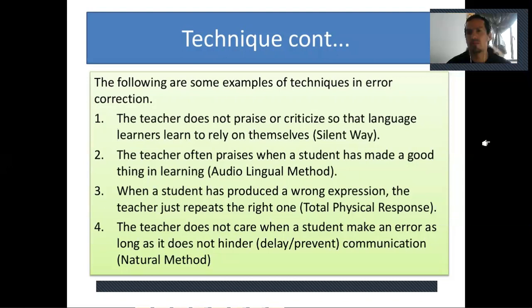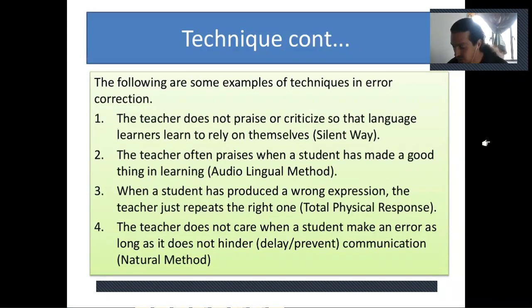Also. Yes. Very good. Let's see, for example, the error correction in some of the methods right here. For example, the teacher does not praise or criticize so that the language learner learns to rely on themselves. That is going to be the silent way, right?